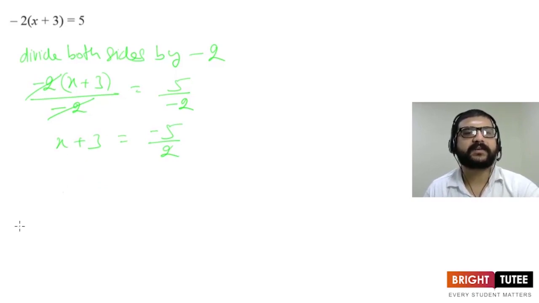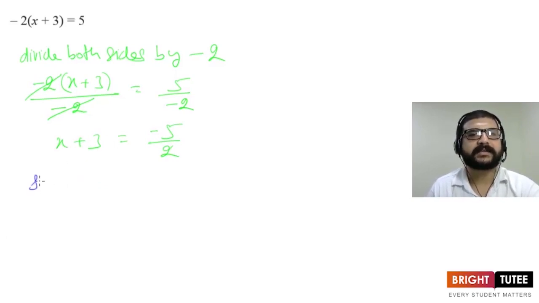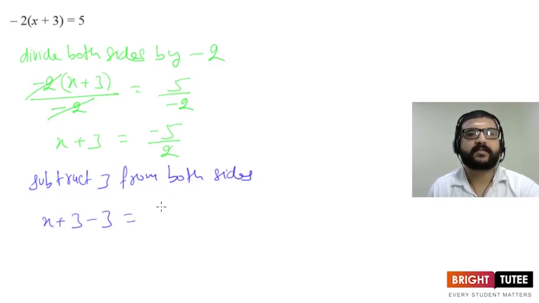Now to find the value of x, what we can do, we can subtract 3 from both the sides. So subtracting 3 from both sides, we will get x plus 3 minus 3 is equal to minus 5 upon 2 minus 3. Now plus 3 and minus 3 are cancelled out.